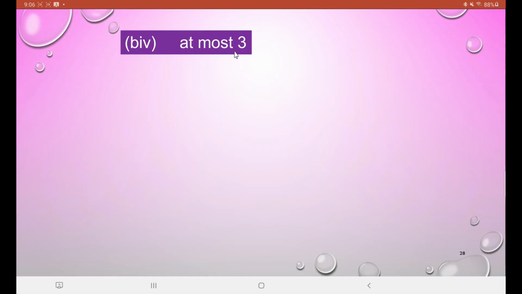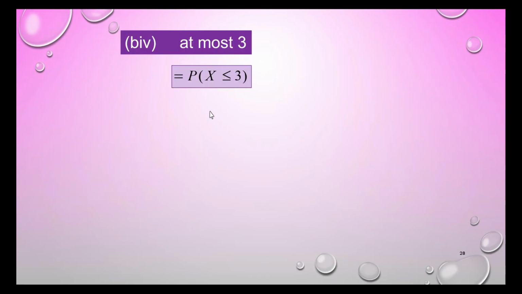B4 at most 3. Okay, this is the sign for at most. The sign is less than or equal. So, x less than or equal 3 means the value of x can be 3 or less than 3 but cannot be more than 3.